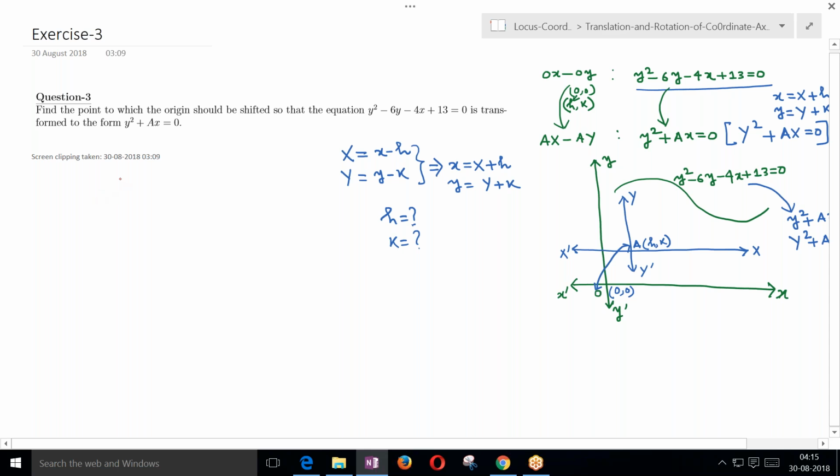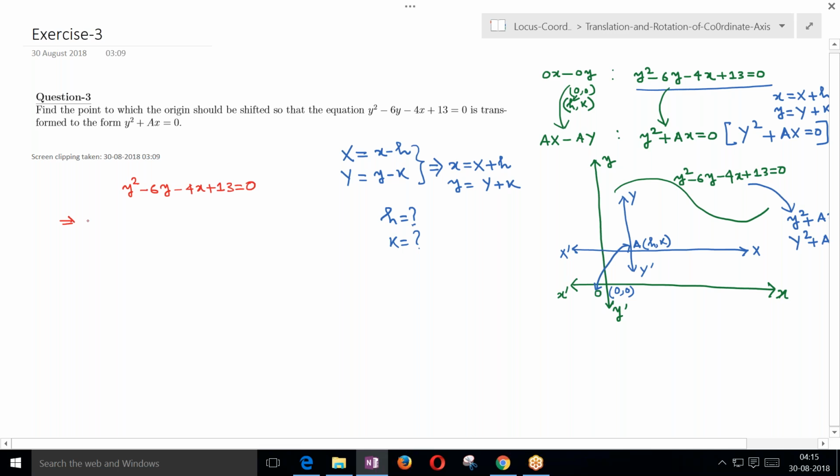The equation is y square minus 6y minus 4x plus 13 equal to 0.